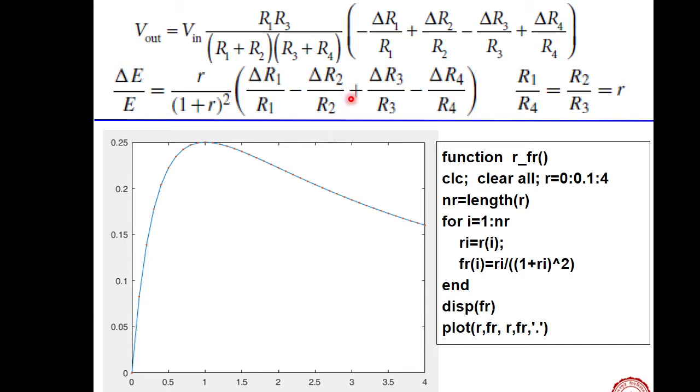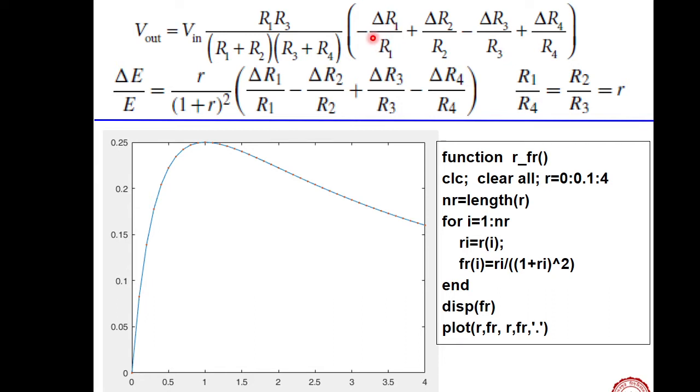You see here, if we consider all the resistances are the same, and then let us consider a situation where two of the resistances, say R1 and R3, are in compressive stress, and say R2 and R4 are in tensile stress. Then what will happen? This will become positive, this will also become positive, right?